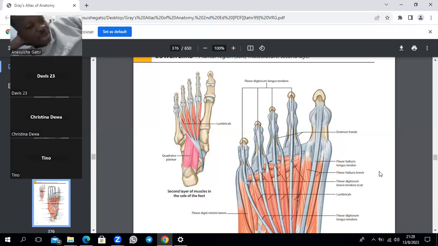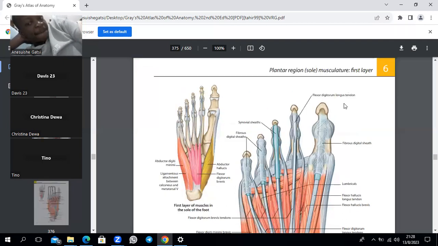So does anyone think that the sole of the foot has layers? The answer is in front of you. Does anyone think that the sole of the foot has layers?